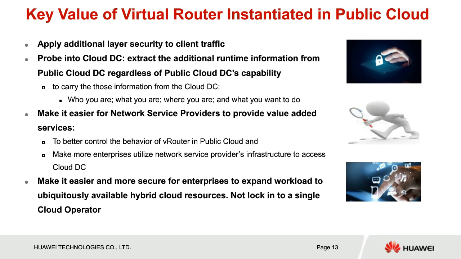Even for the same application, they may have different accounts. So when the traffic comes to their on-prem data center, it's really difficult to tell which traffic is from which account. If you instantiate a virtual router, you will be able to attach that information.